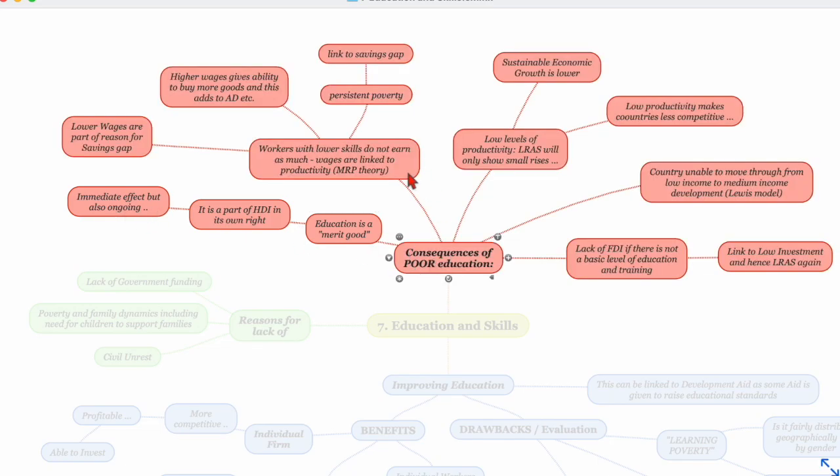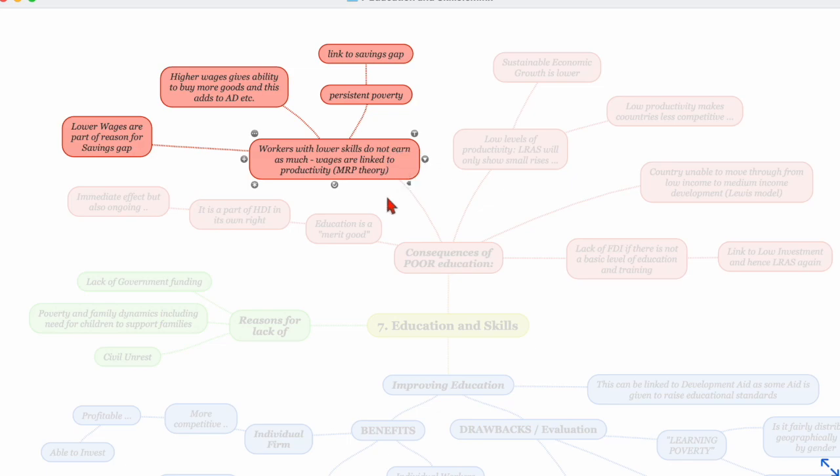Okay, the effect on the workers themselves is that workers with low skills don't earn as much, and so if you have this education problem, then they're not going to earn as much. It's linked to what we call the marginal revenue product theory, which you'll come to later. But also it means that with the lack of education, you're going to have lower wages, and that's one of the reasons for the savings gap.